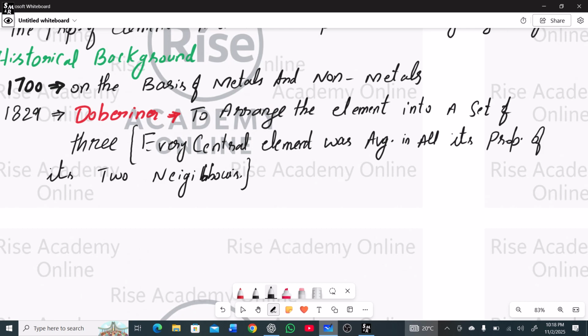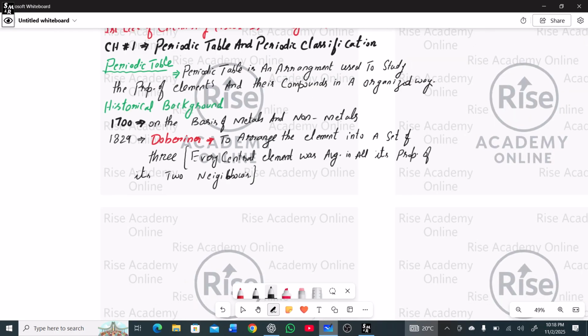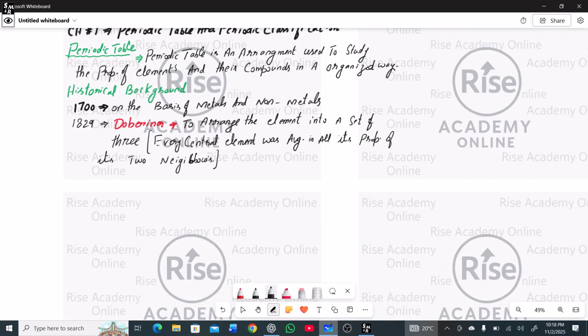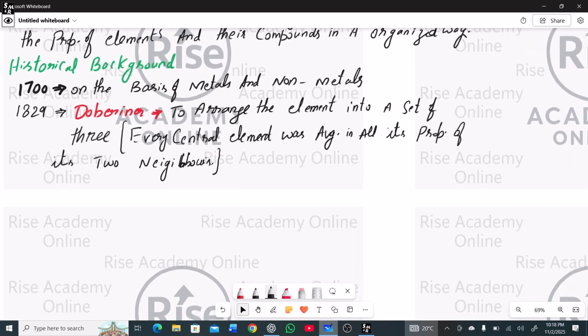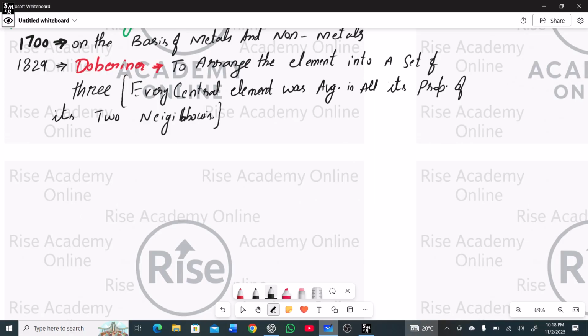So on these grounds, sets of three elements were made, but this was not a successful arrangement. It did not last too long. After some time we needed a better arrangement, a better version.